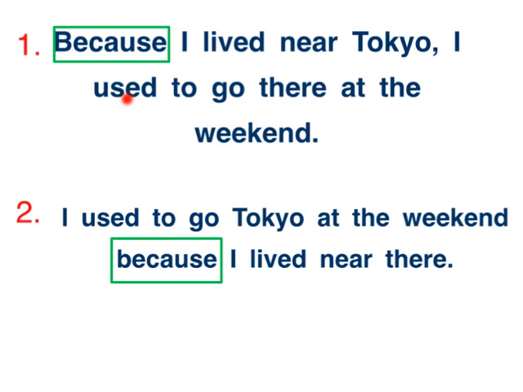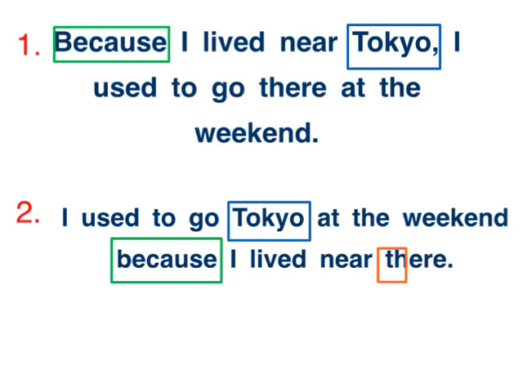So even though we've swapped these two parts of the sentences around, we do need to keep the Tokyo first, and we need to keep the there second. So Tokyo stays in the first position, and there stays in the second position.